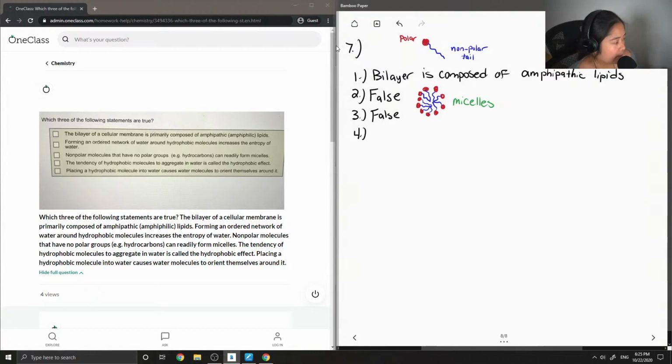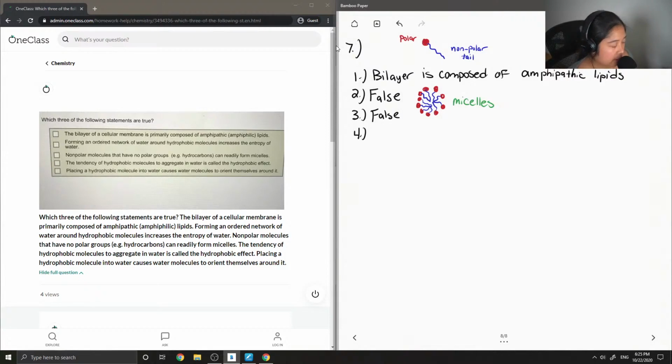Okay, 4. The tendency of hydrophobic molecules to aggregate in water is called the hydrophobic effect, so this is correct.